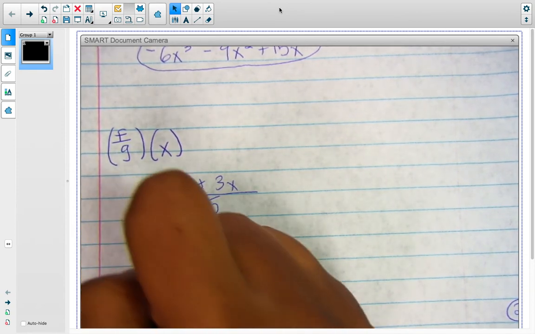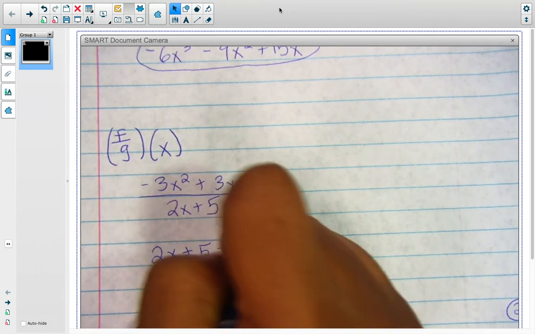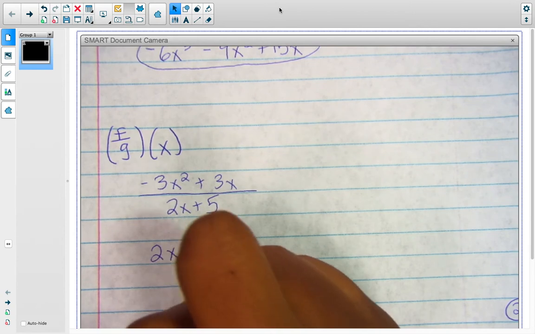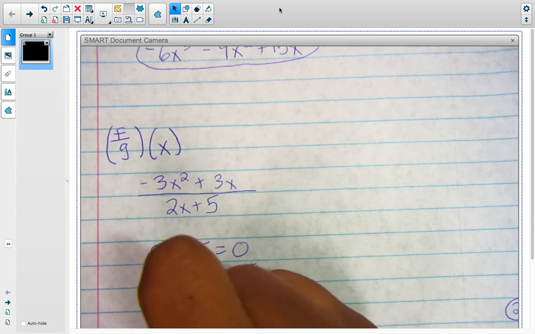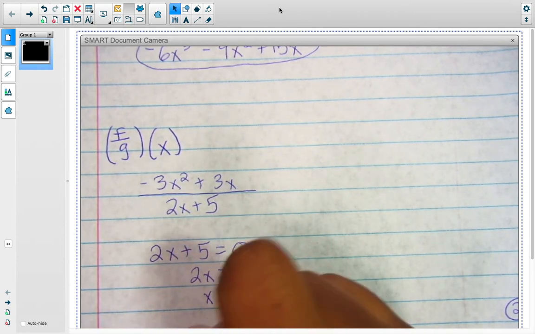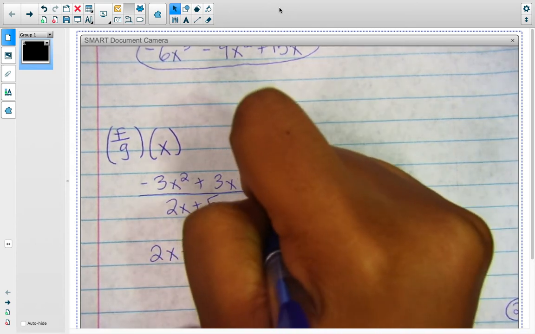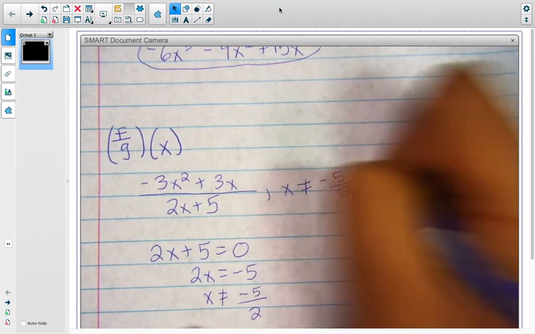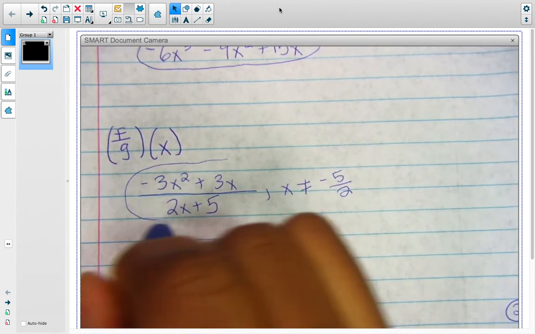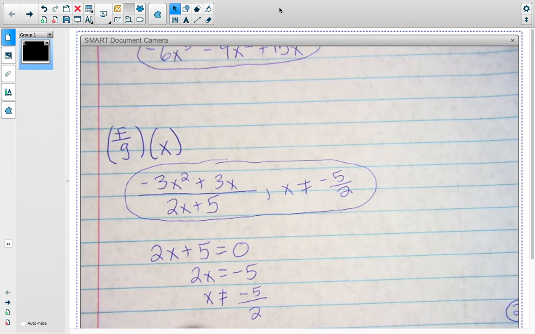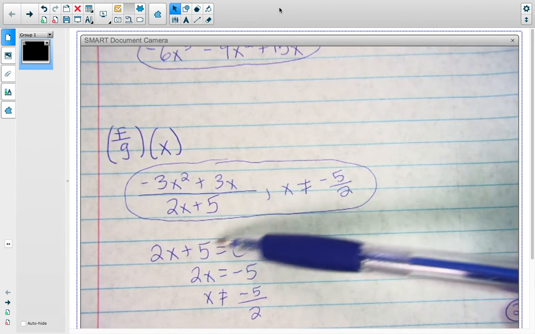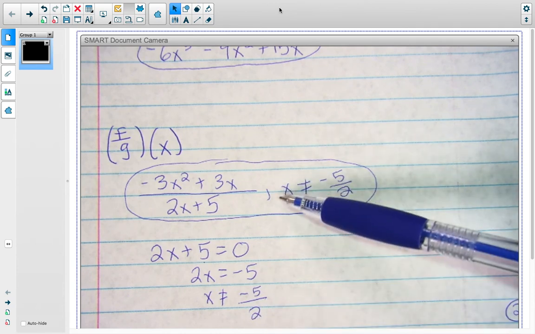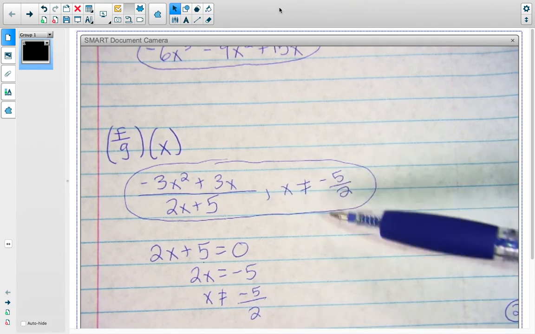So we take the denominator, always set it equal to 0, and that'll give us what our denominator cannot be. Subtract 5 from both sides and divide. We got a fraction, but that's okay. So for this particular example, x cannot be equal to negative 5 halves. We took our denominator, set it equal to 0, subtracted 5 from both sides, and divided by 2. So x cannot be equal to negative 5 halves.